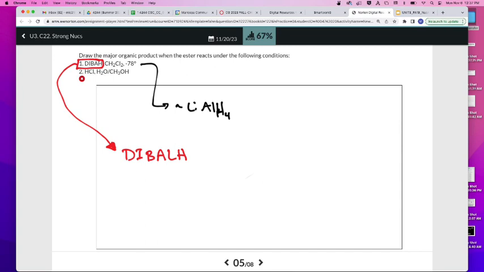You would probably see it written that way, and you would probably also see aluminum hydride. I would give you both of those pieces.